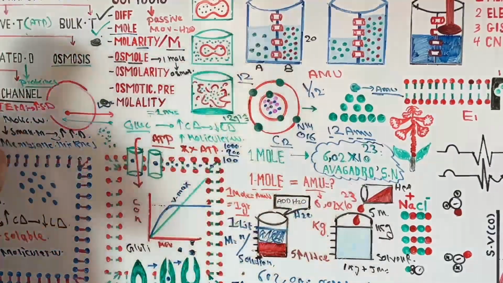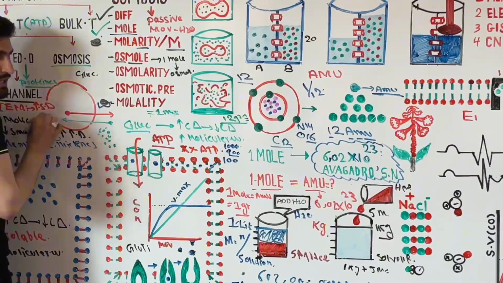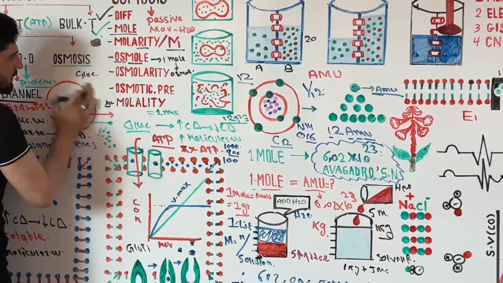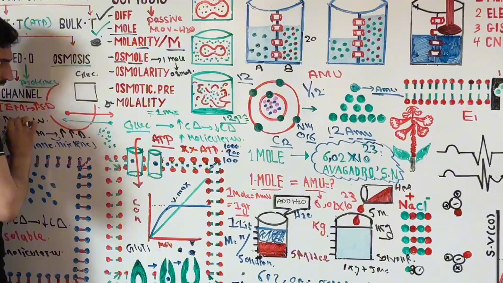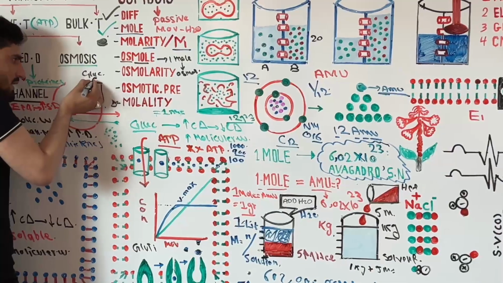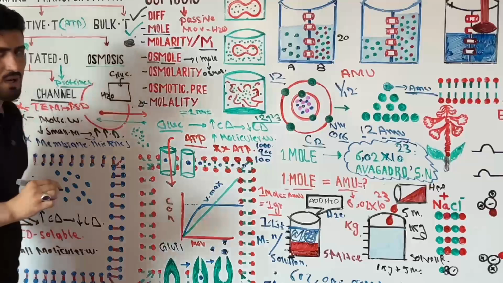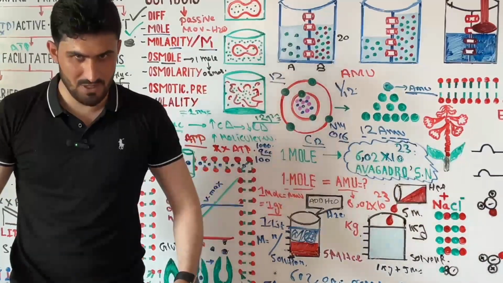For example, this is glucose. If I add this glucose into water in this beaker, glucose does not dissociate. The particles do not go apart from each other.